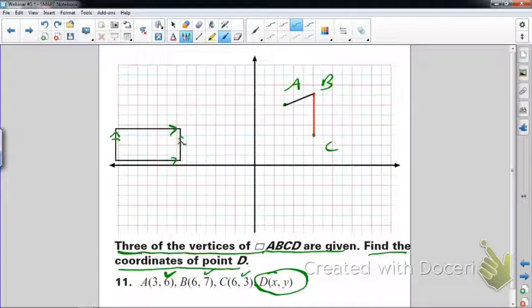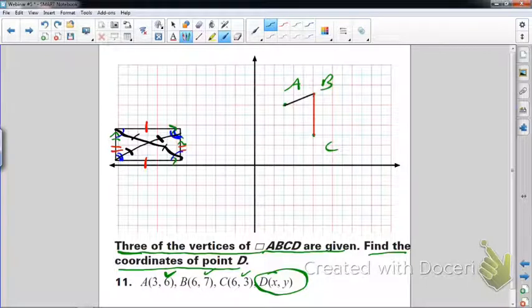We also know that they are congruent. So this is going to be congruent to this, while these two are going to be congruent to one another. We also know that opposite angles are congruent. And we know that the diagonals bisect each other, which will create congruency of all the smaller line segments.